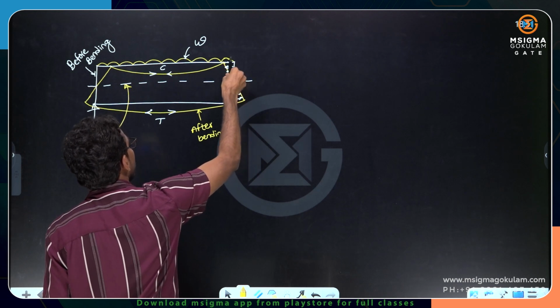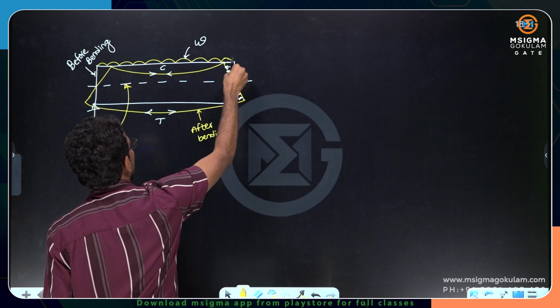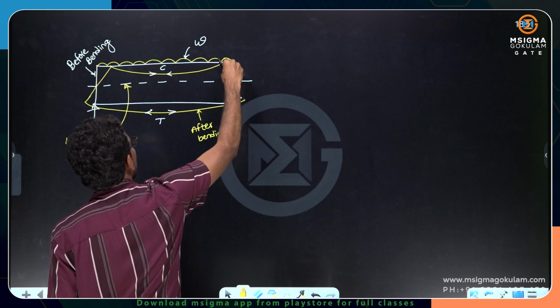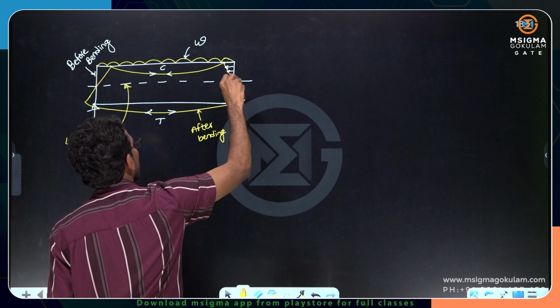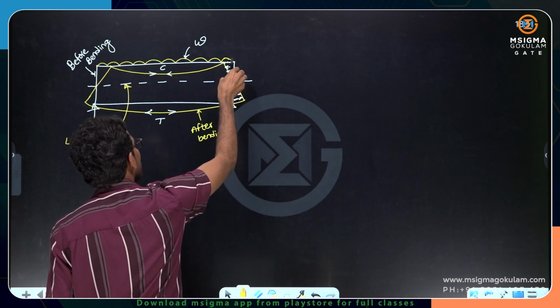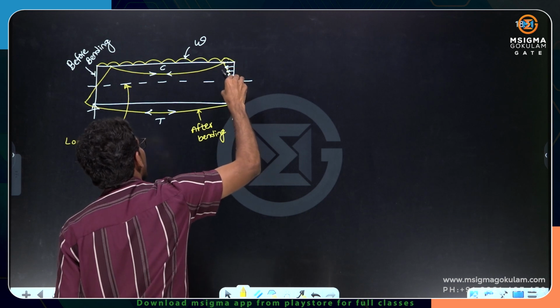See, I am showing with an example. This white line is this marker. This is the plane section before bending. Now once I apply the load, it turns like this, but remains straight only, it is not curved. This yellow line is not curved, it becomes straight only. So plane sections before bending remain plane after bending.